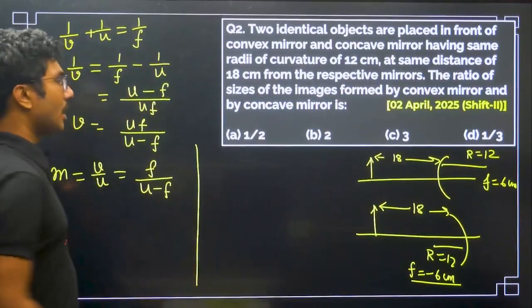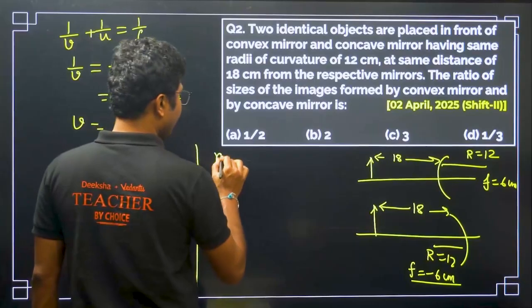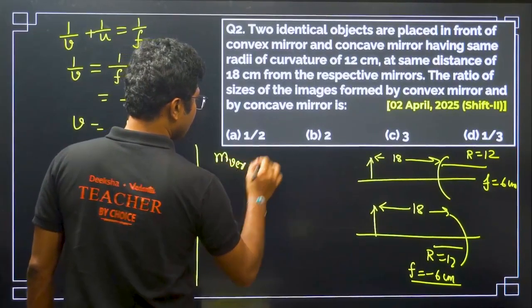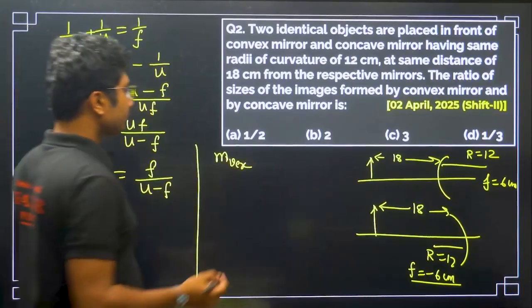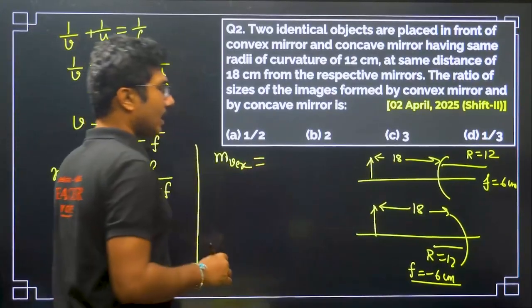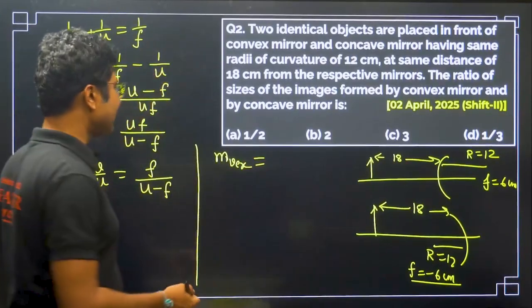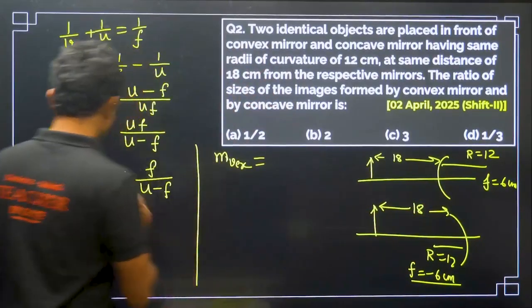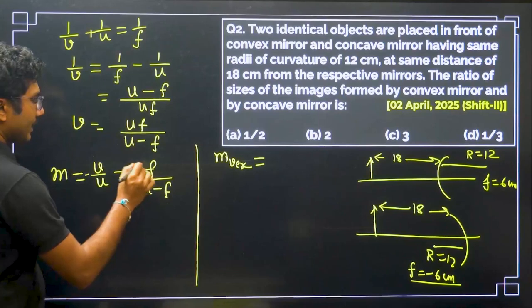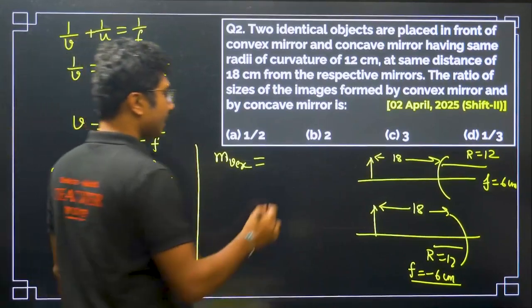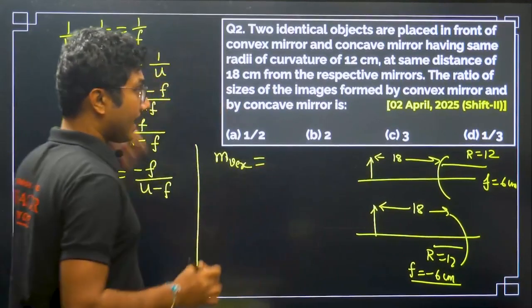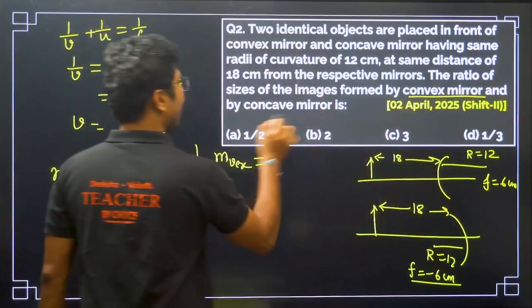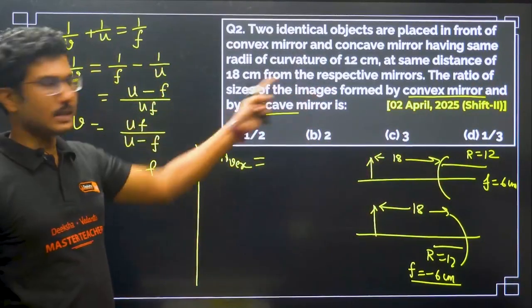Now first we will find m for the convex mirror. Okay, for convex I am using vex. What is the focal length? Now let us see, u is negative for both cases, f is positive in this case, so we have to put the negative sign as well. If you see the ratio of the size of the image formed by vex to cave, convex is first, concave is second.